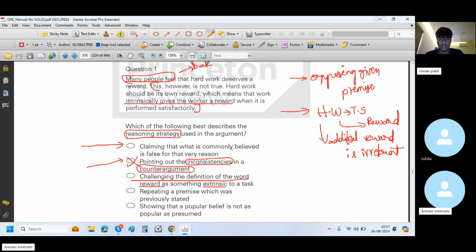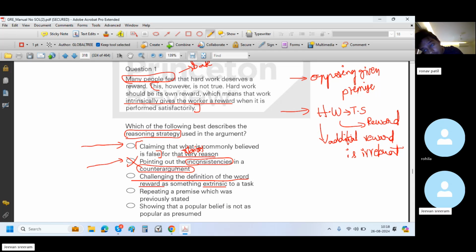So claiming that what is commonly believed is false, here you're actually correct, but for that obvious reason, for that exact reason, for that common reason, there is no such information that you can understand from this argument. The reason the author has presented for why many people's belief is wrong may or may not be the obvious reason.